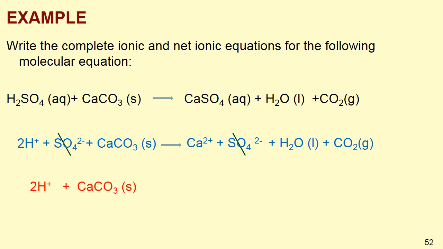So then if we rewrite the equation, we can see that this is the net ionic equation: 2H plus plus CaCO3 gives us Ca2 plus plus H2O plus CO2. So I hope that you can practice a few of these examples and go back and look at them and see if you can do this by yourself.